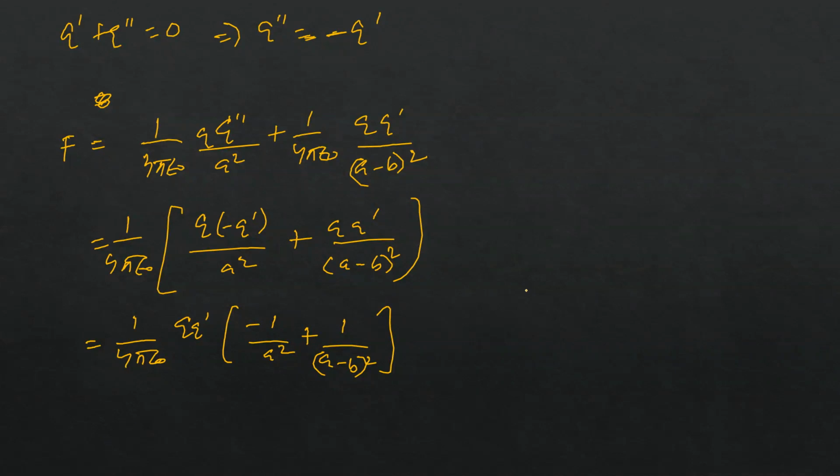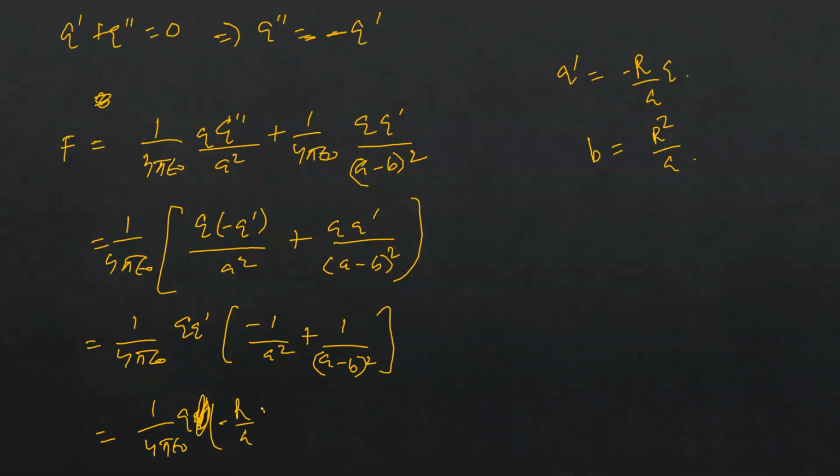But if we remember, q dash in a conducting sphere is minus r by a into q, right? And your b is r square by a. So we'll just put it here. So 1 by 4 pi epsilon naught q dash, which is minus r by a q, times minus 1 by a square plus 1 by a minus r square by a whole square.